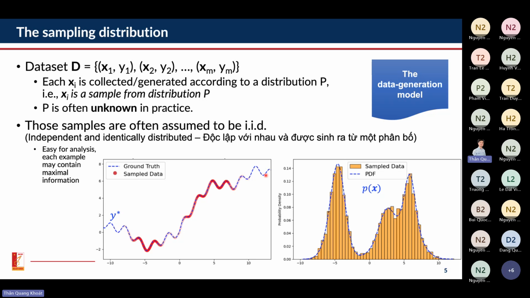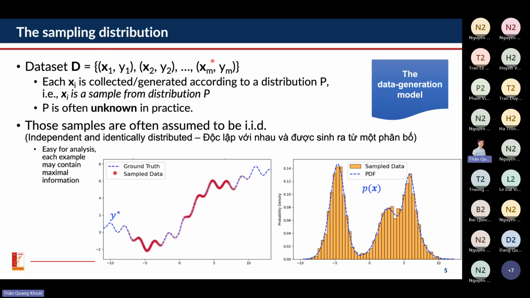In practice, in order to enable us to analyze something about the problem and the models, we often assume that the data here are generated independently from the same distribution. In other words, the IID assumption should hold. Those samples should be independent, right?